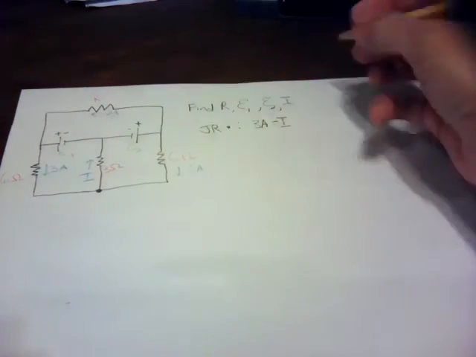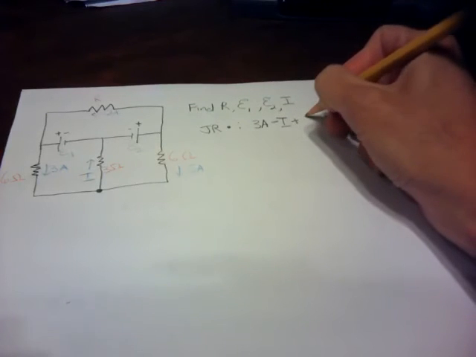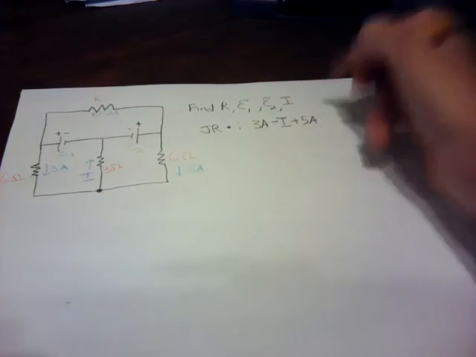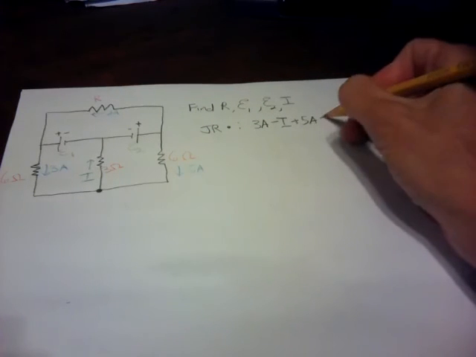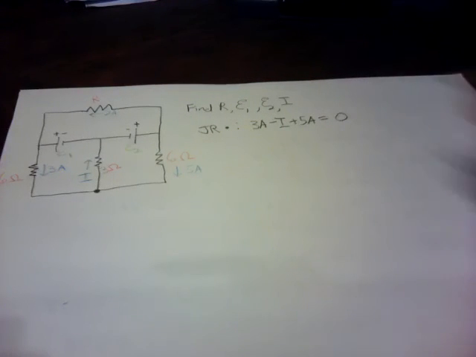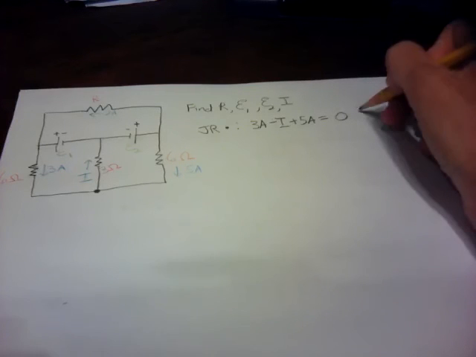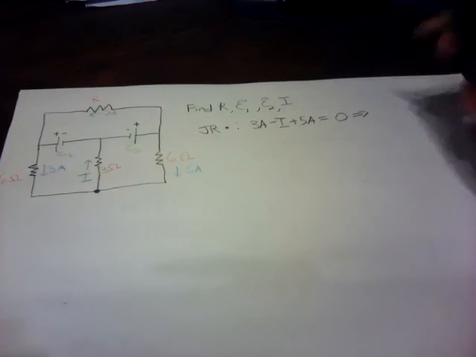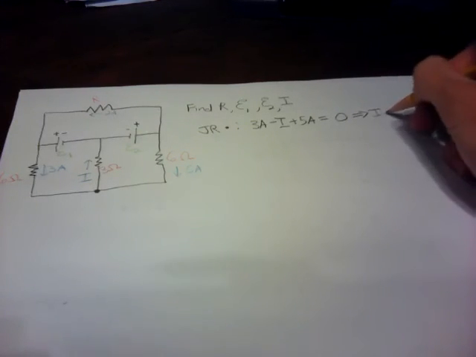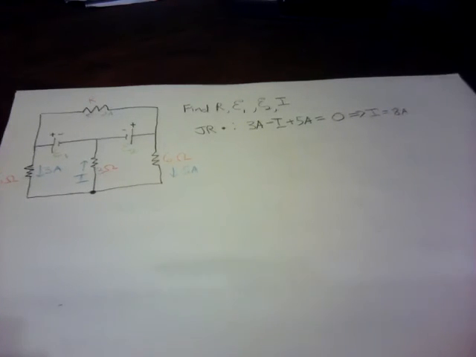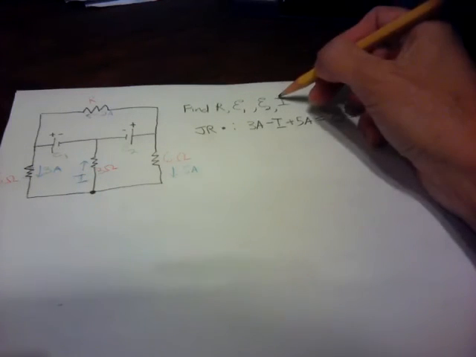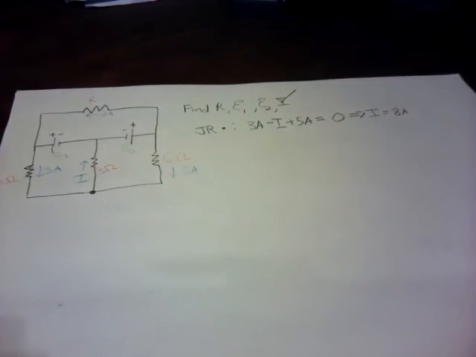And I've also got 5 amps of current coming in, so I'm going to add that in as well. The total of these currents has to add to 0. This allows me to solve for the unknown current, and I find that it is equal to 8 amps, and so I've chosen the direction of the current correctly. So I can check off that target variable that I've just solved for.